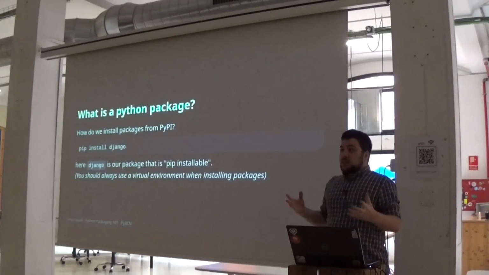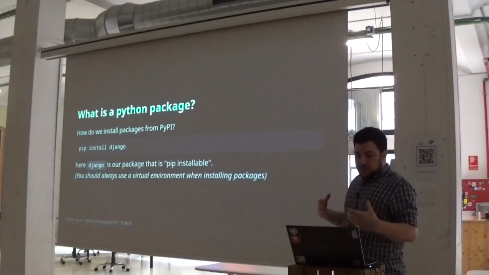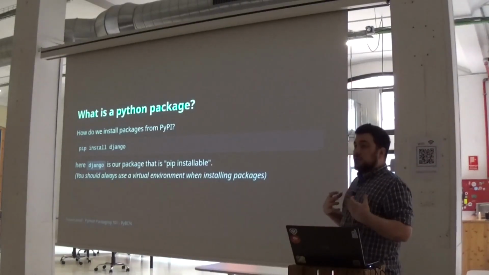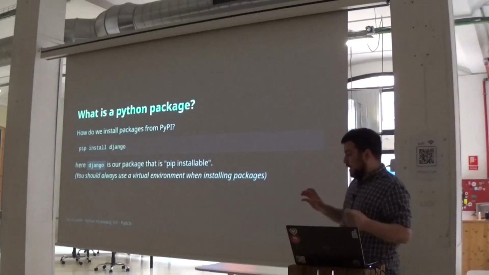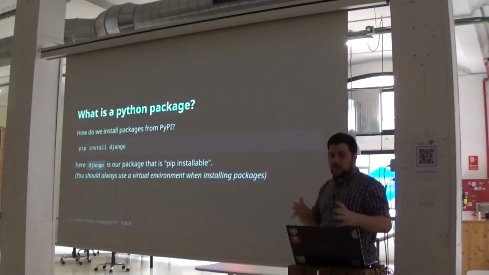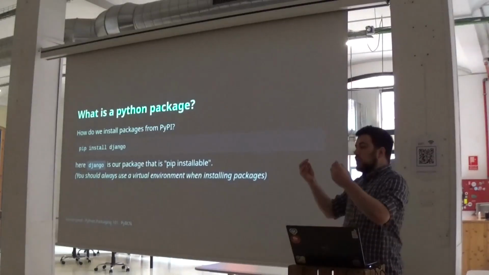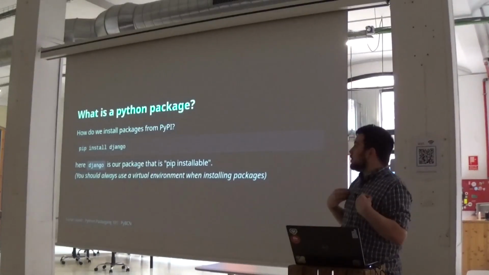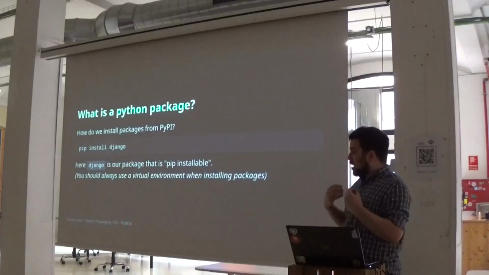And of course, packages, as I mentioned already many times, are something that we can install using pip. So pip is this tool that knows where to put the right files in the right places, so we can then import them in our scripts or in our applications.